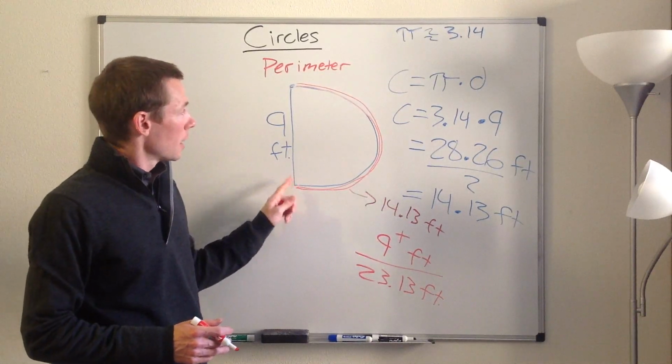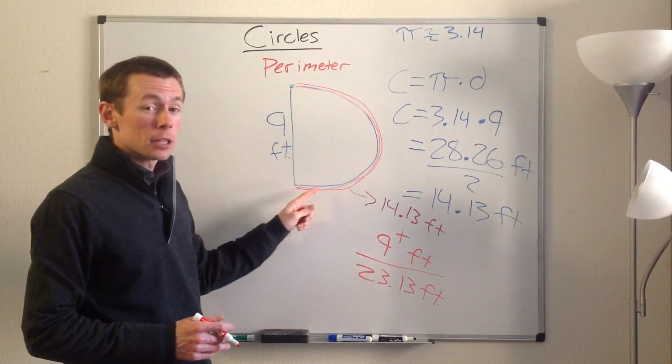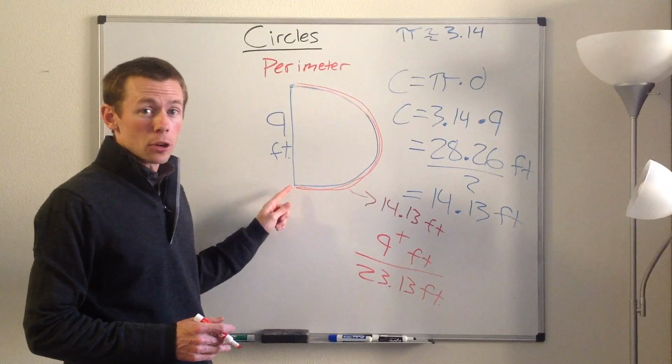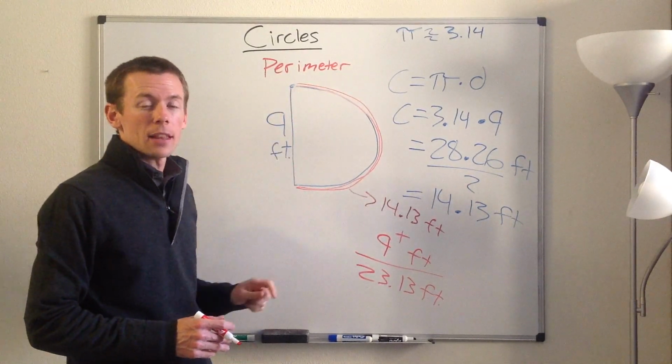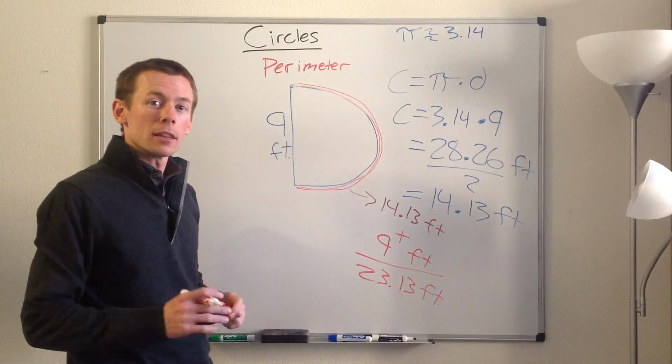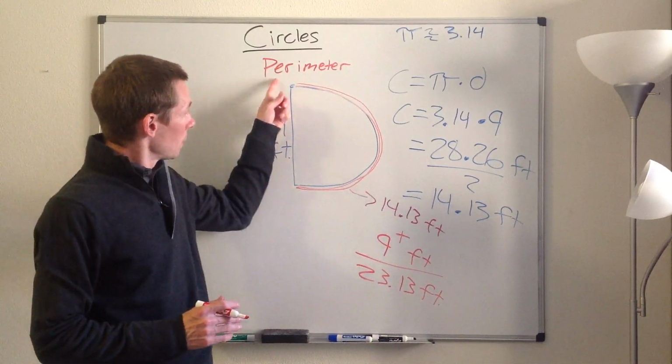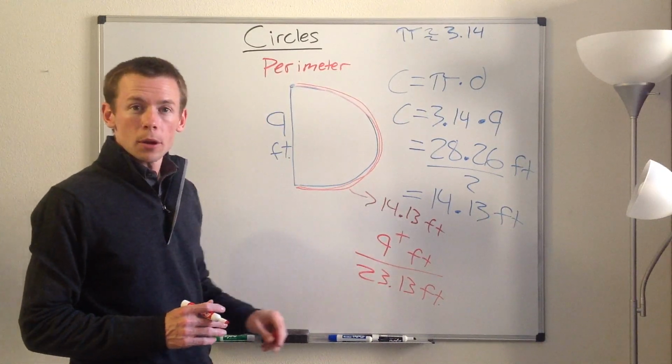Don't forget that once you've calculated the half circle in this particular odd shape, you still have to get back up to this point right here, and that involves adding that straight line segment of length 9 feet. Okay? So the perimeter is 23.13 feet.